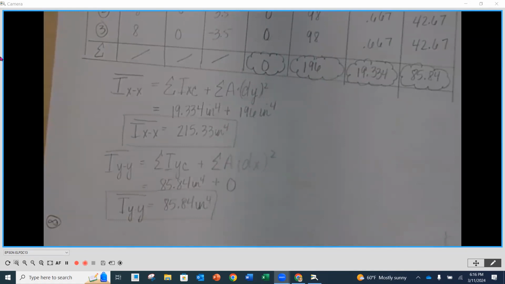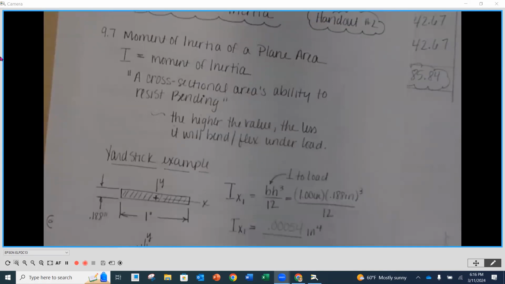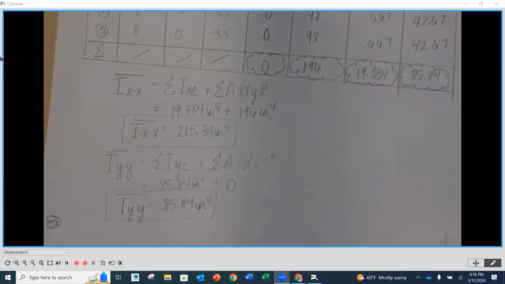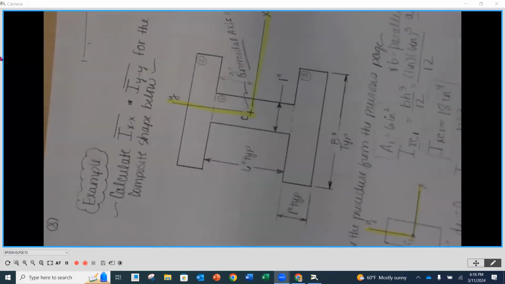Now, thinking back to moment of inertia and its definition, it's a cross-sectional area's ability to resist bending. The higher the value, the less it will bend or flex under load. So if that's what I was interested in, orientation-wise, which way would I position my I-beam, this way or this way?